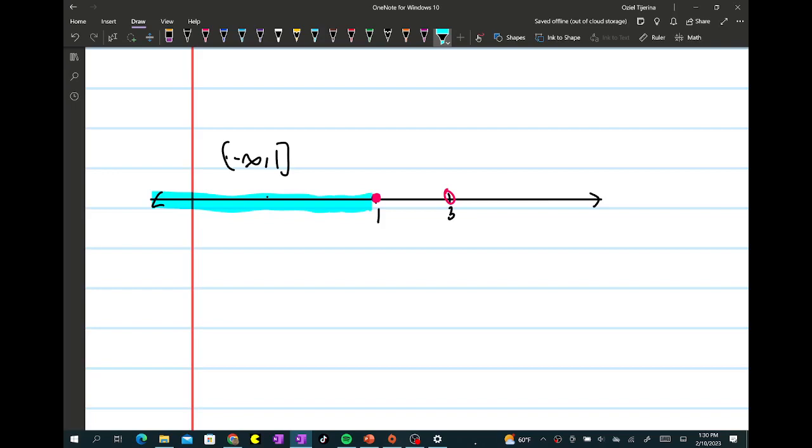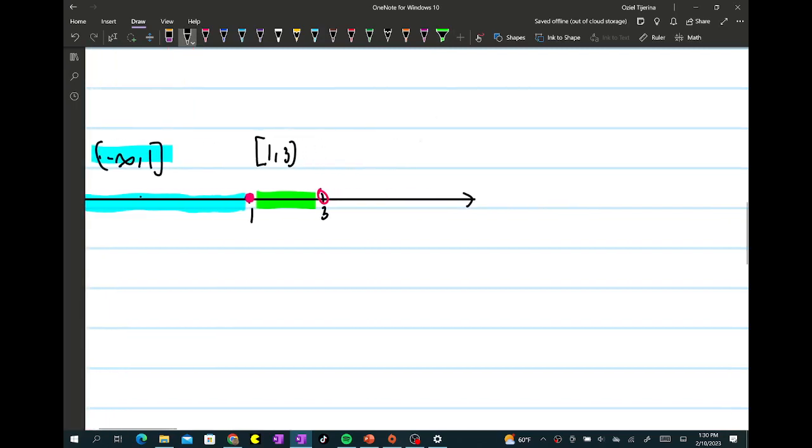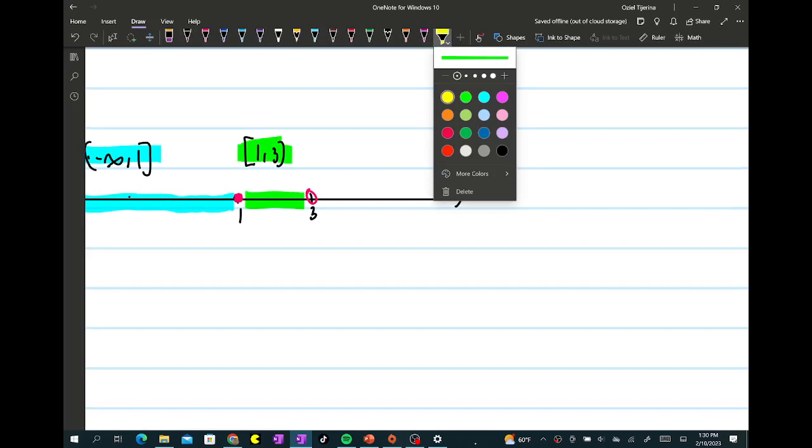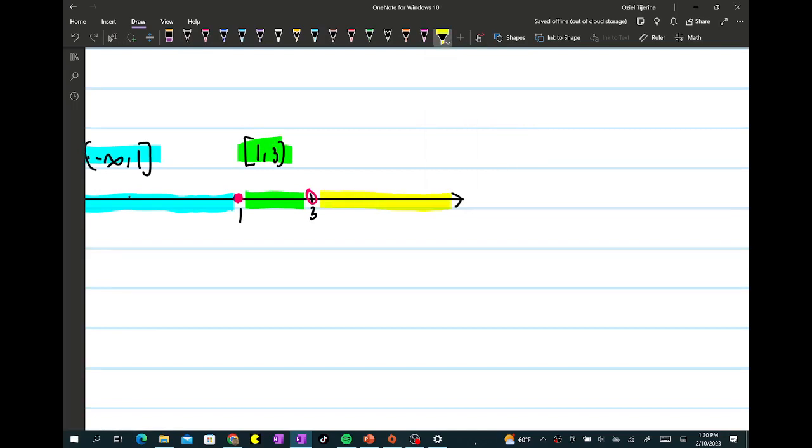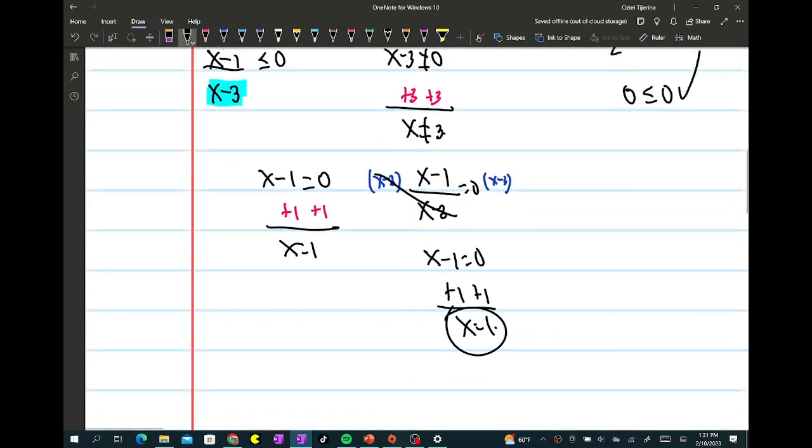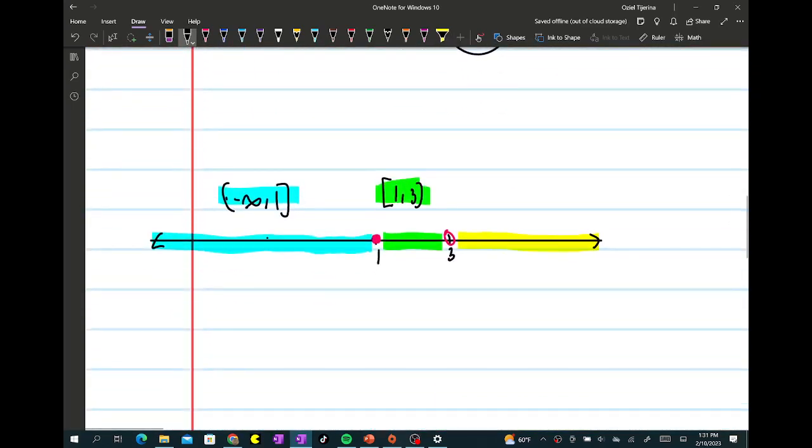And then the interval from 1 to 3, which is this part here, so bracket 1 to 3, parentheses. And then the interval from 3 to infinity, which is this. We're not including 3, because 3 is in the denominator, so parentheses 3 to infinity.